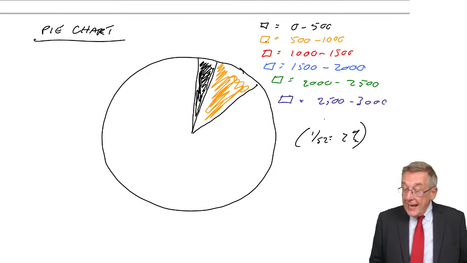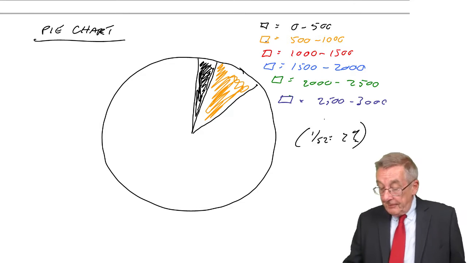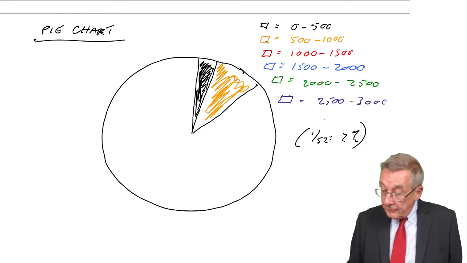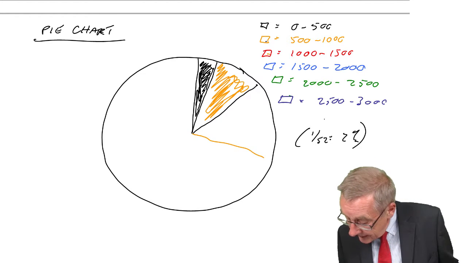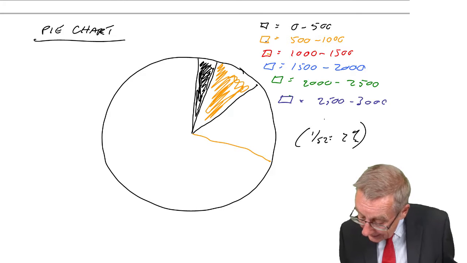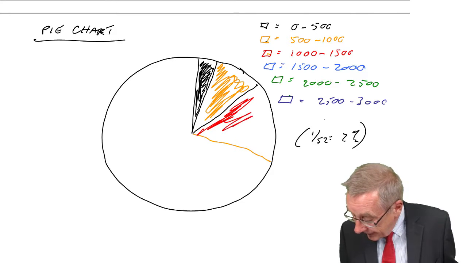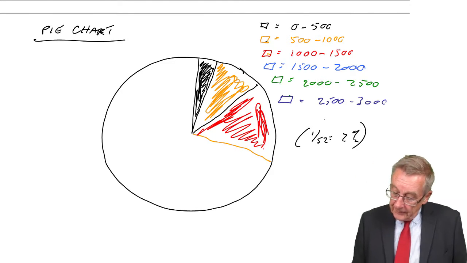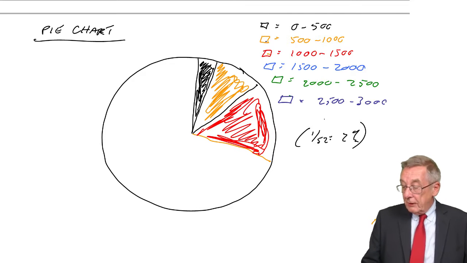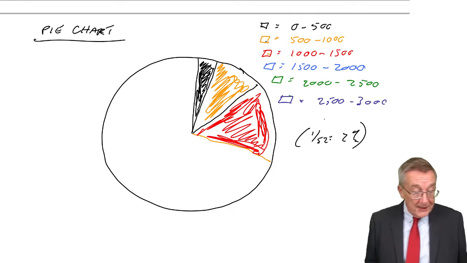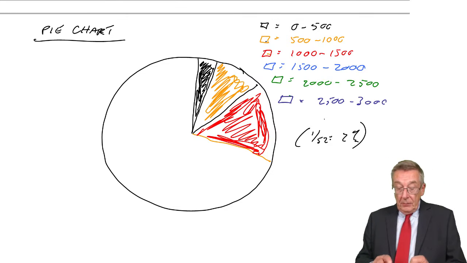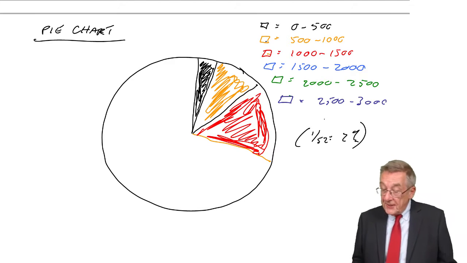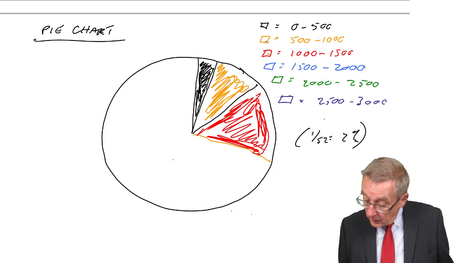1,000 to 1,500, 8. So that's twice the 4 one. So I'll do a chunk twice as big. That should be red now. Oh, sorry, I could have been a lot prettier, but I hope you see what I'm trying to do. 1,500 to 2,000 is 19. Well, out of 52, that is 36, 37%. So this is going to be quite a big one.